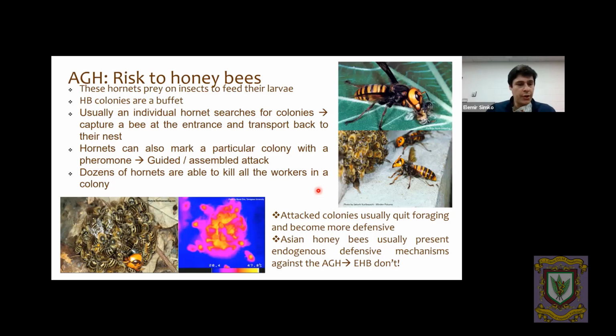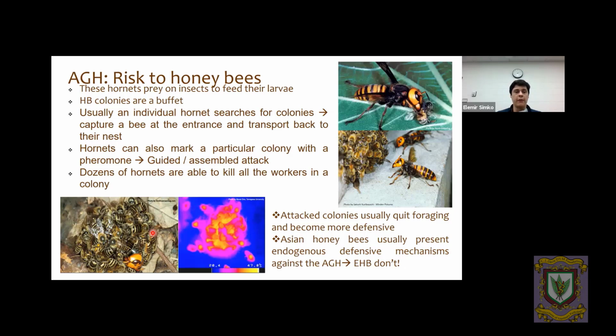This is a picture of the Asian honeybee, the Apis cerana. In this case, we see that those bees have a very interesting defense mechanism against the wasp. Those bees are native to the same area that the wasp is native, so they kind of co-evolved together. So they had the chance to come up with defense mechanisms against the wasps.